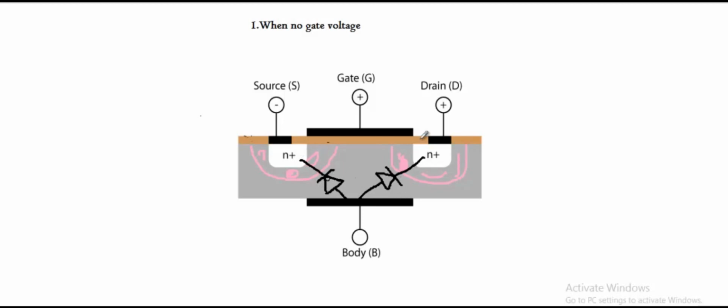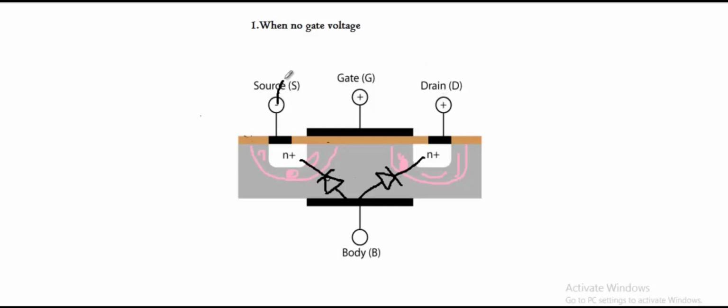So if you apply a voltage here, definitely if these two diodes are forward biased, there will be current conduction. But I said when there is no gate voltage, there will be no current conduction. How? We'll see right now. So now come to the case that when there is no gate voltage, meaning we are not connecting any source to the gate terminal, but we can connect a source between the drain and the source.